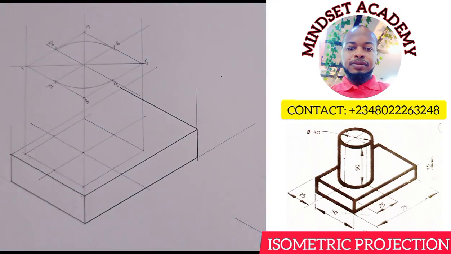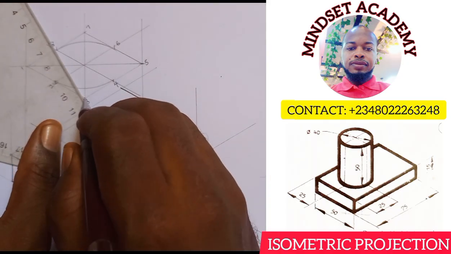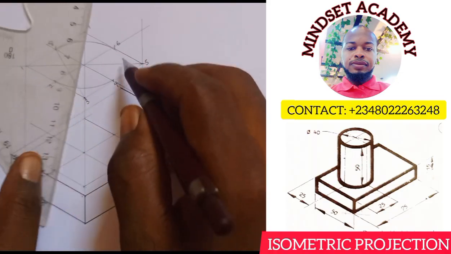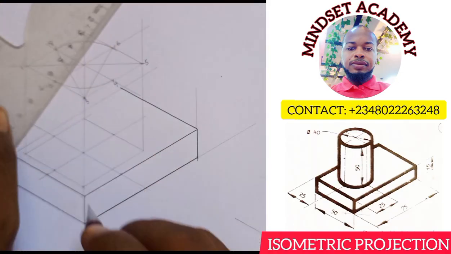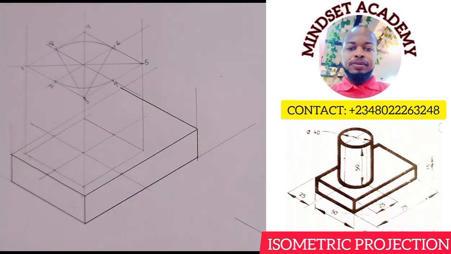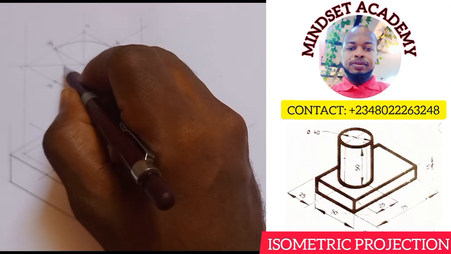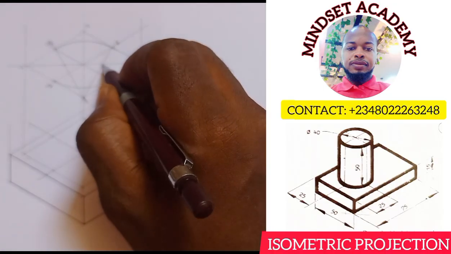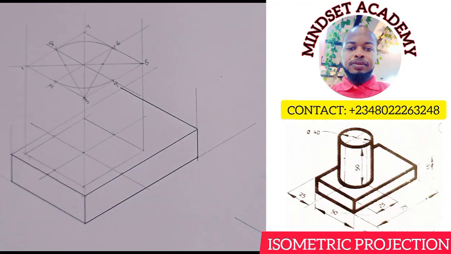Can you see that? Now from point 3 you draw a V, making the end of the V to be at 8 and 6. Just join those two as if you are drawing a sector. Can you see that? So from here, where it intersects the diagonal coming from these two ends, there will be another point to give us our circle.